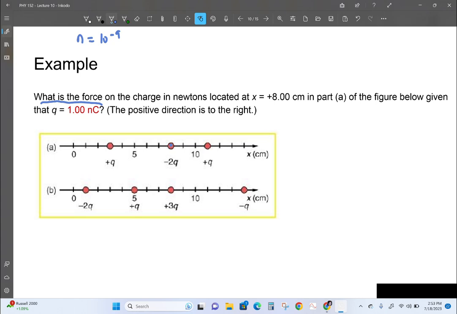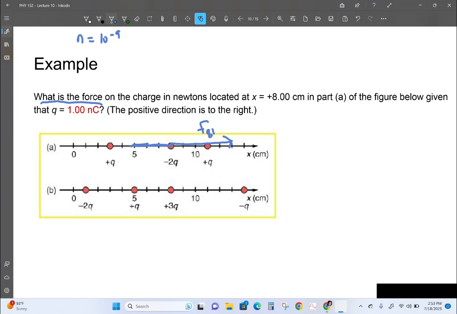So let's first draw a diagram. At the 8 centimeter mark, the 2Q is going to be attracted to the positive Q. And it's going to be pretty strongly attracted because they're close. So this is going to be F due to Q1, okay? And then this is going to be also attracted to this positive Q. It's further away, so I'm going to draw it a little shorter.